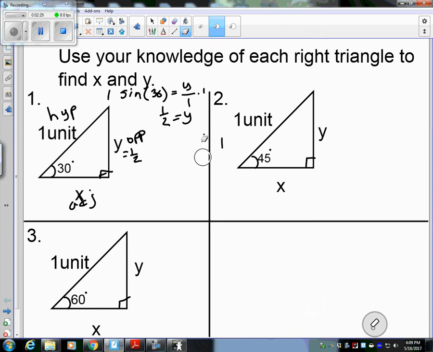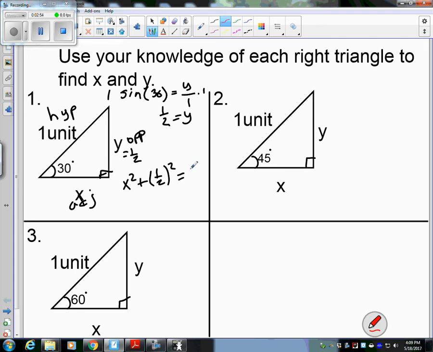Another thing you remember, hopefully, about these triangles is the Pythagorean theorem. If you have two sides given to you, you can find the third. So we can do it. One side squared plus the other side squared equals hypotenuse squared.